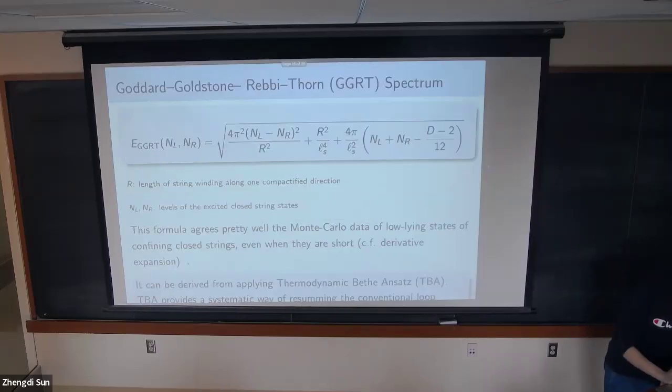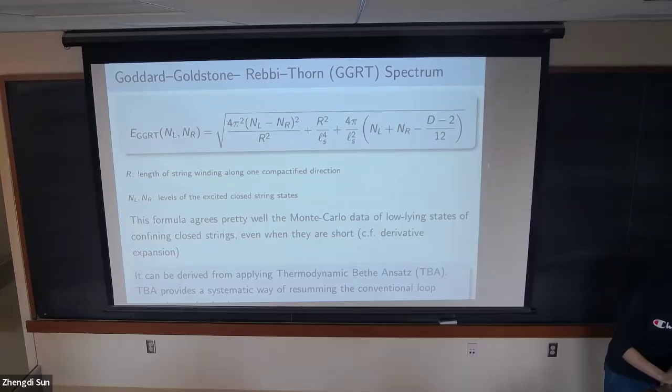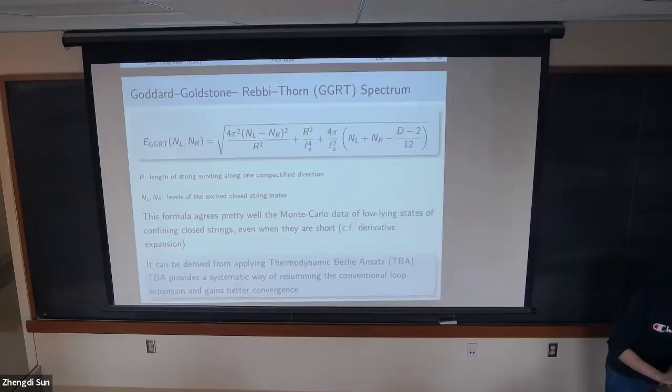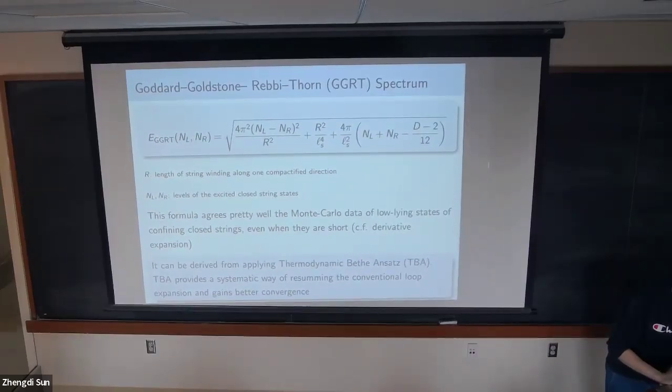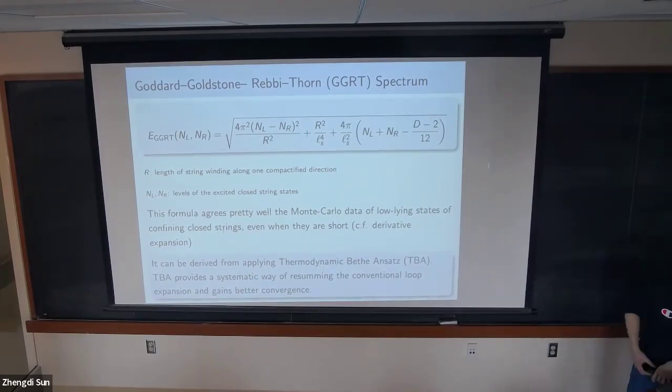So this comes to this well-known formula in the lattice community, which is known as the GGRT spectrum, and it is written this way, where NR and NL, from the string spectrum perspective, just label the number of excitations of the left moving and right moving sectors of the string.